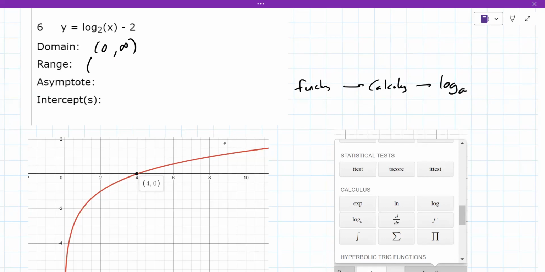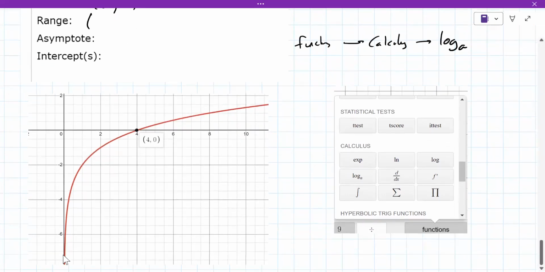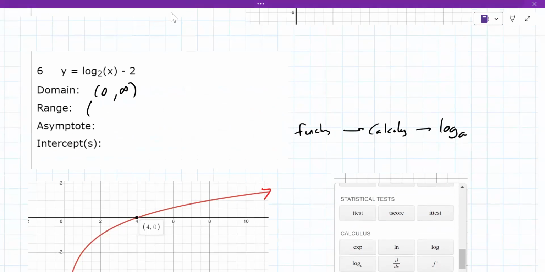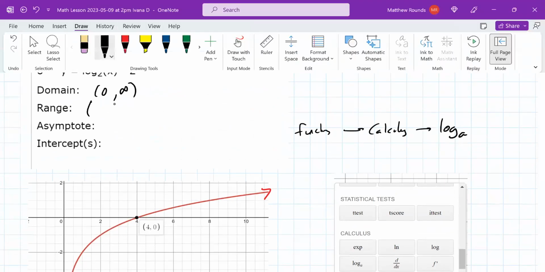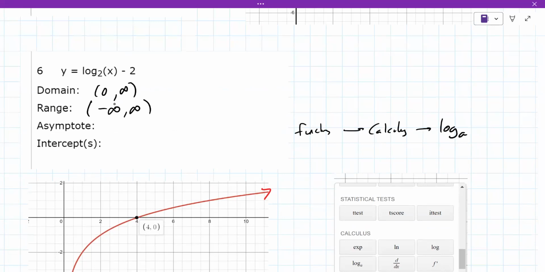The range, though, is how far down does it go? From negative infinity. Okay, good. How far up does it go, even though it looks like it's going more to the right? Positive infinity. So this is minus infinity to infinity.